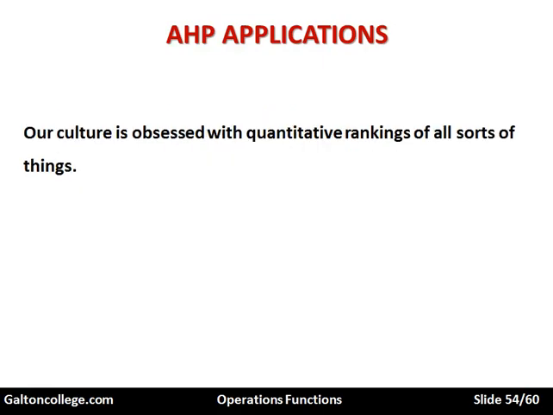We tend to be obsessed with quality rankings of all sorts of things, and this is where we have issues. We need to be careful about assessing quality as accurately as possible. We're constantly trying to evaluate the quality of one product against another product, or we're constantly trying to assess what is best in terms of quality.